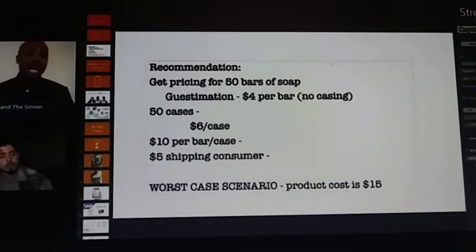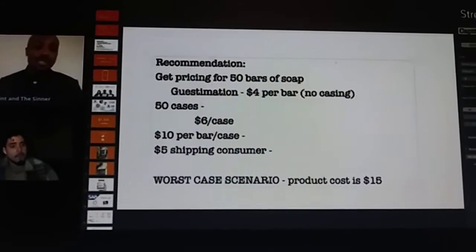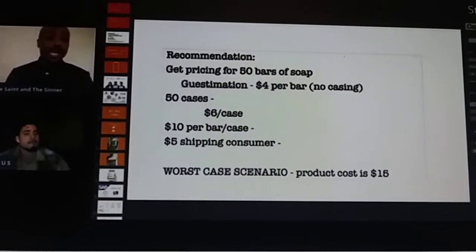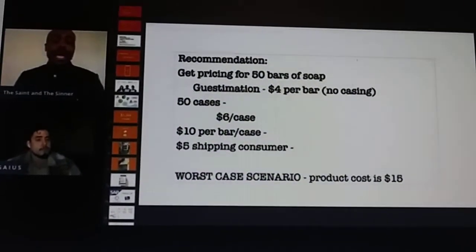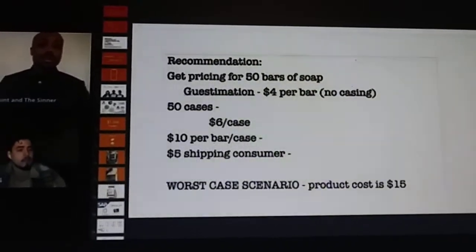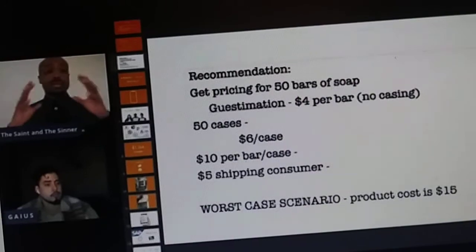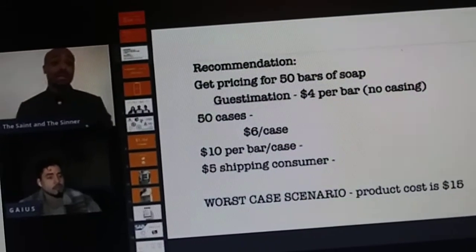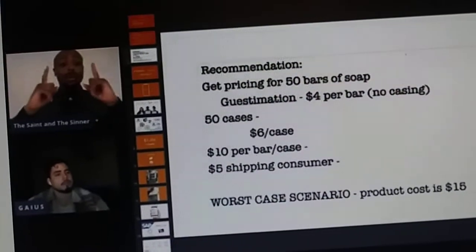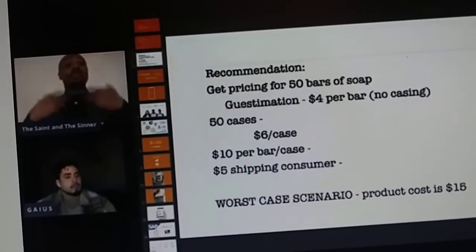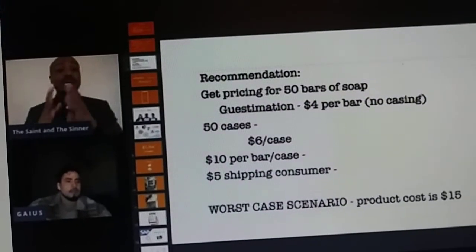If you do a shitty job, if they overcharge you and you're paying $4 a bar because you have a low quantity, if you're paying $6 a case because you haven't been able to negotiate effectively, and you're paying $5 to ship to the consumer, the most expensive price of your product has to be $15. You will break even. You will not lose money and you will not make money, but what you will gain is called brand equity, meaning that you got your product into 50 people's hands.